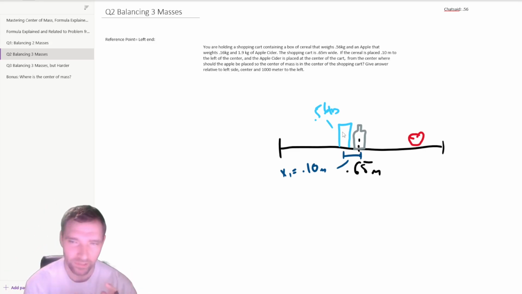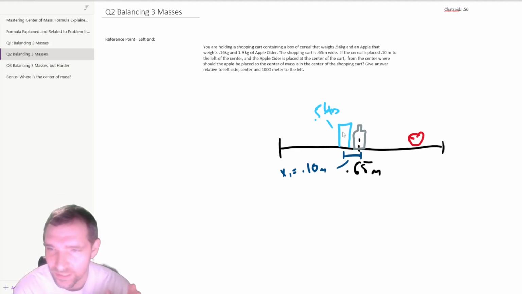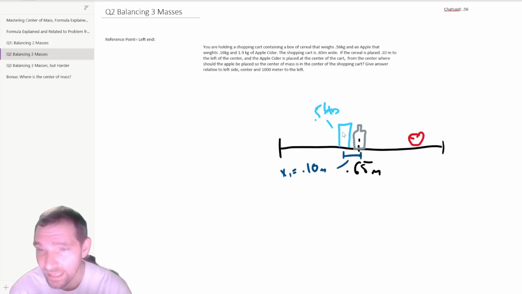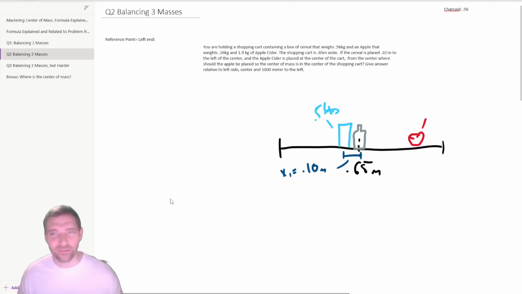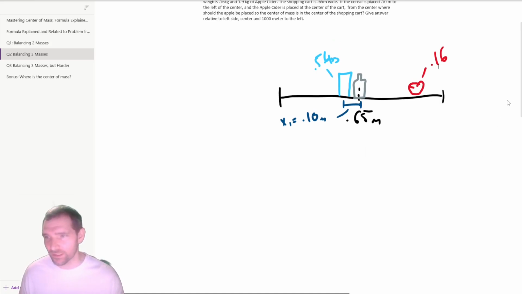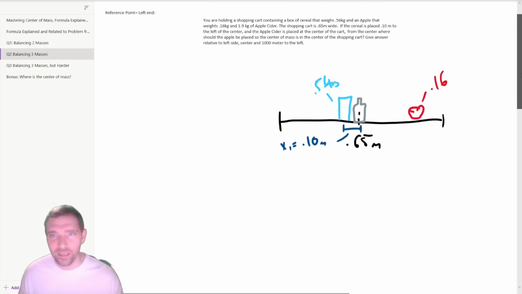Those of you who are quick are going to notice that this center object is on the center of mass, so it doesn't throw off your center of mass by having more mass. There are some slight differences. The distance is a little bit further out here, so the apple will have to be a little bit further out, but we can use the previous problem to guide ourselves and see whether our answer was actually reasonable or not.